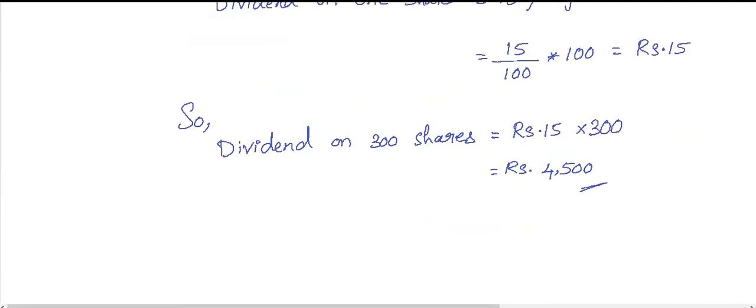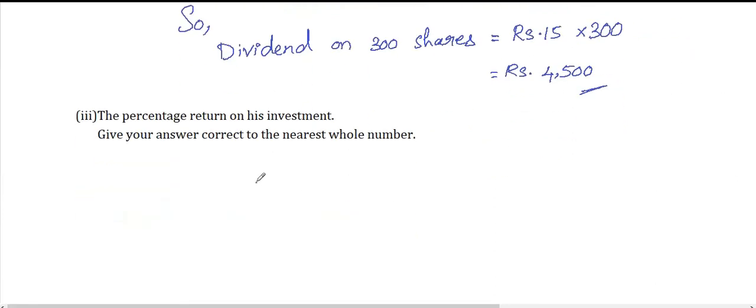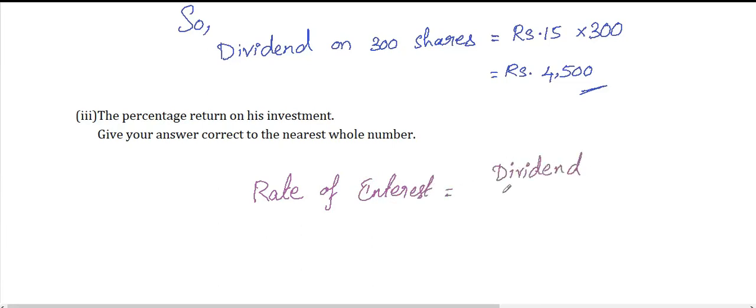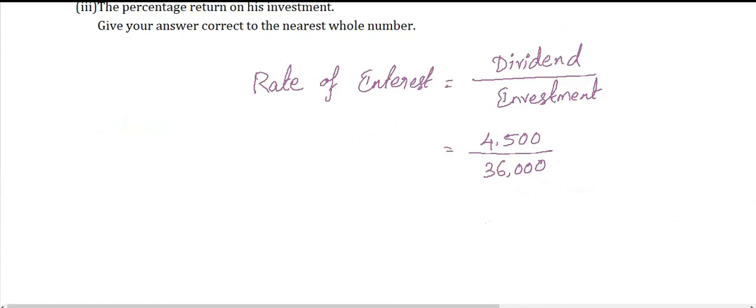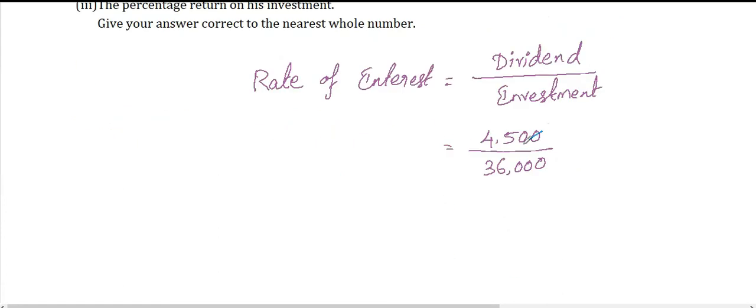Now find the percentage return on his investment, which is nothing but the rate of interest. So the rate of interest equals dividend divided by investment into 100. The dividend is 4,500 and the investment is 36,000, and we need to multiply this by 100 as well.